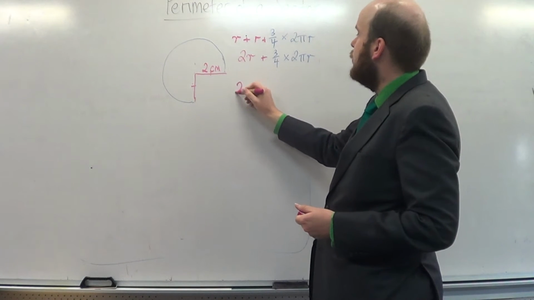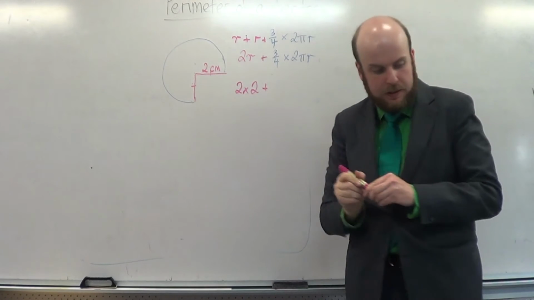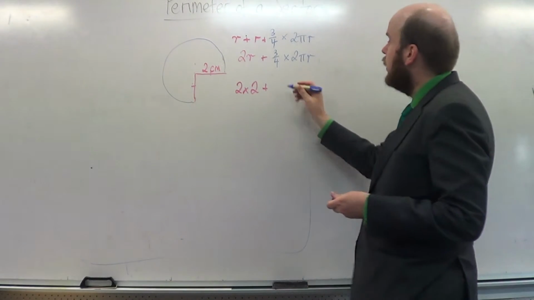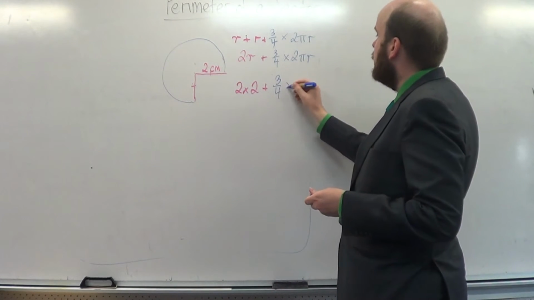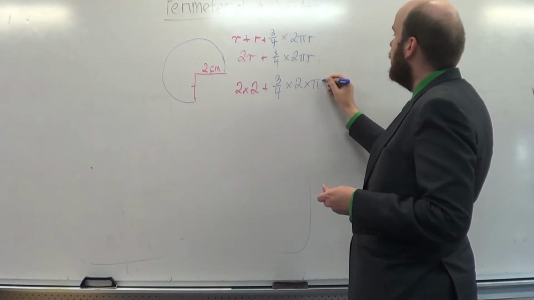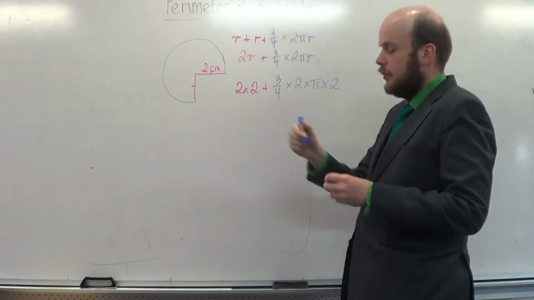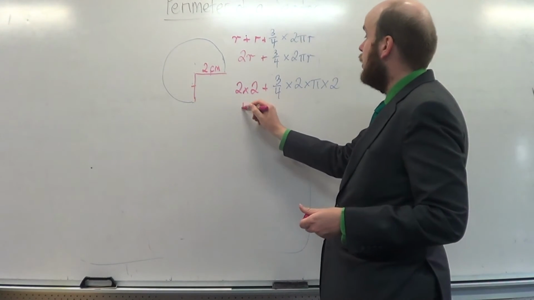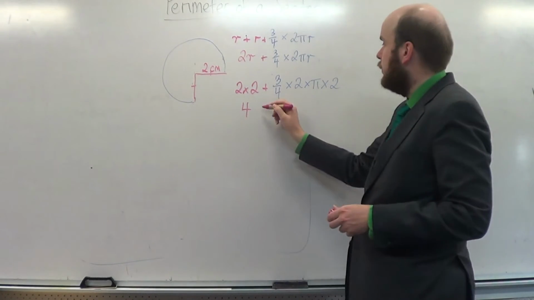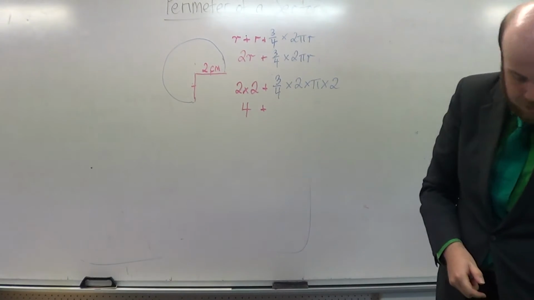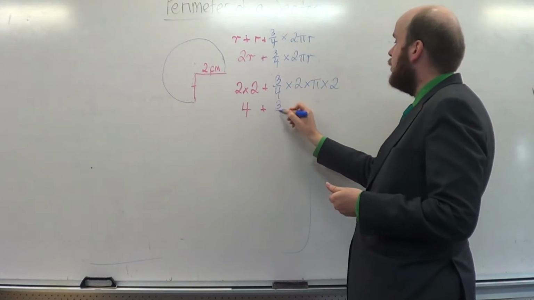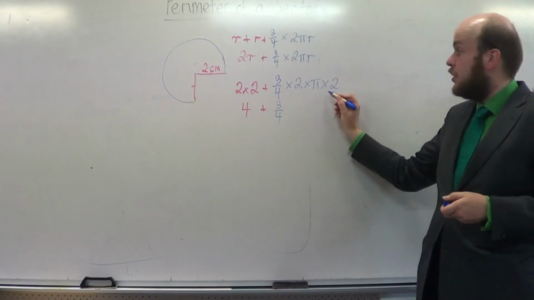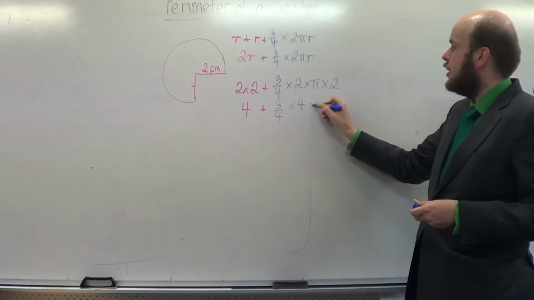So this would be 2 times 2 plus 3/4 times 2 times pi times 2. So 4 plus 3/4. 2 times 2 is 4 times pi.